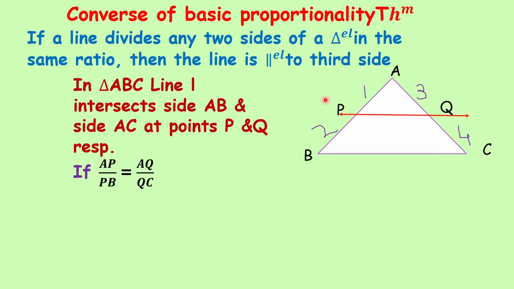Therefore, we say that this line PQ is parallel to the third side BC. Therefore, line L is parallel to BC, or line PQ is parallel to BC. This is the converse of the basic proportionality theorem.